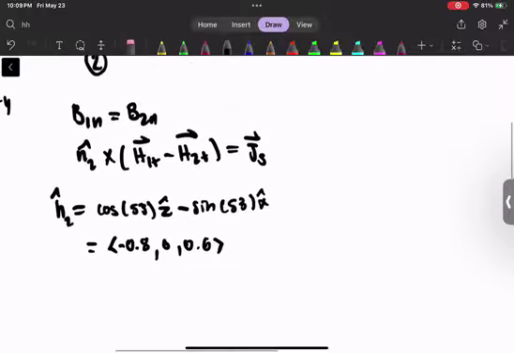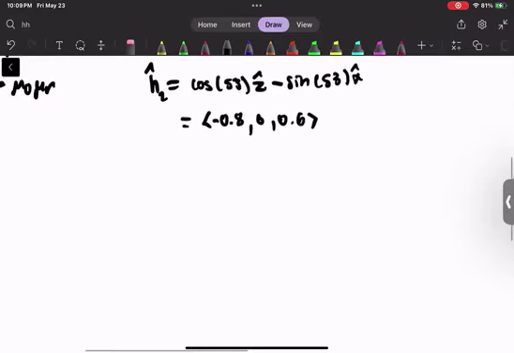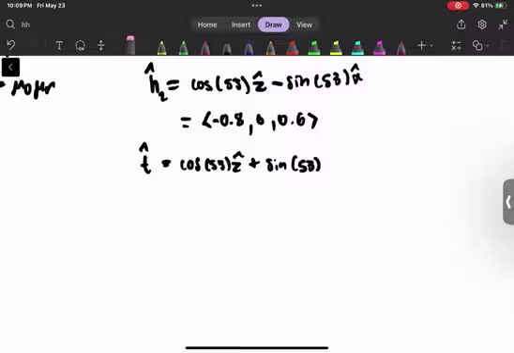Sine 53. Oh, I messed this up. Cosine is our x.